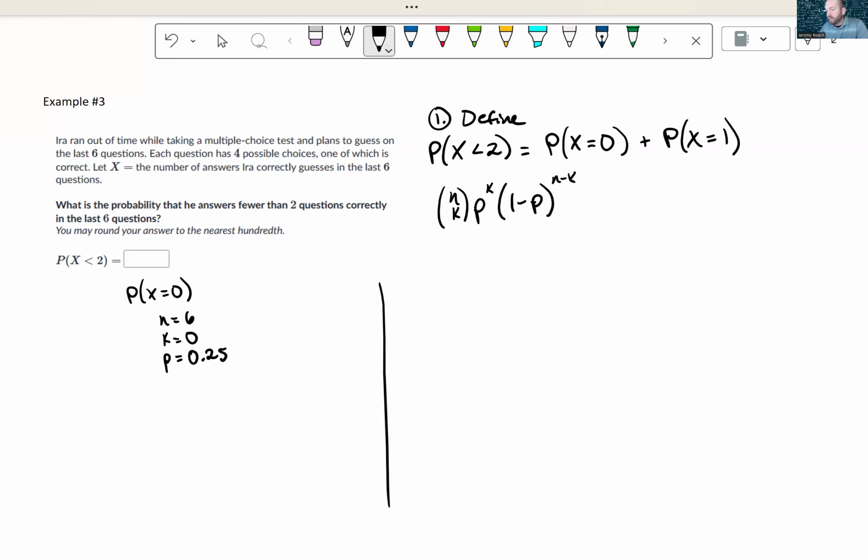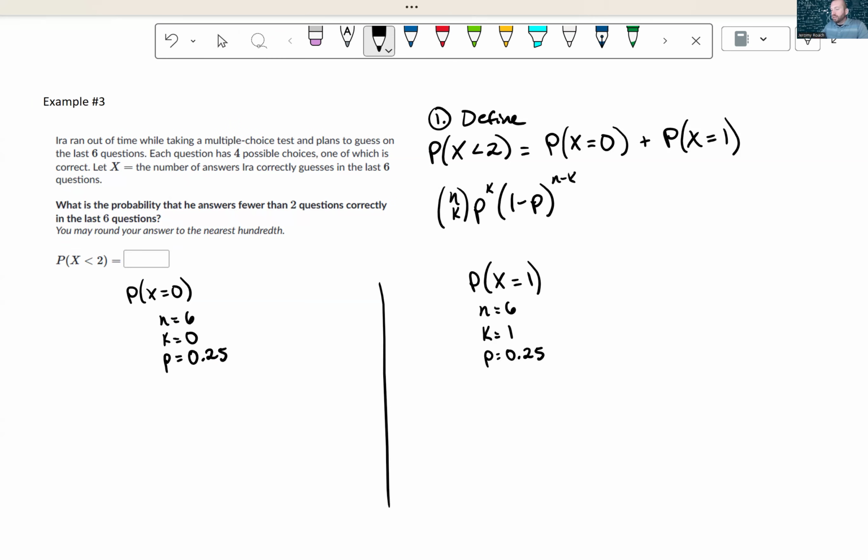In both cases, each question has 4 possible choices, so the probability of getting the right answer is 1 out of 4, or 0.25. For the probability that x equals 1, n is again 6, k is 1, and the probability stays the same, 1/4 or 0.25.